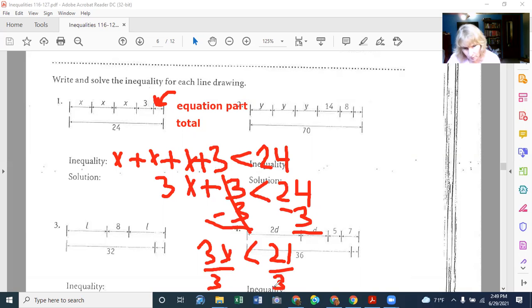And our final solution, the 3's would cross off. We would get x is less than 21 divided by 3, or 7. So x is less than 7. Okay, we didn't have to divide or multiply by a negative number, so we didn't have to reverse the inequality sign. Okay, let's clear that one.